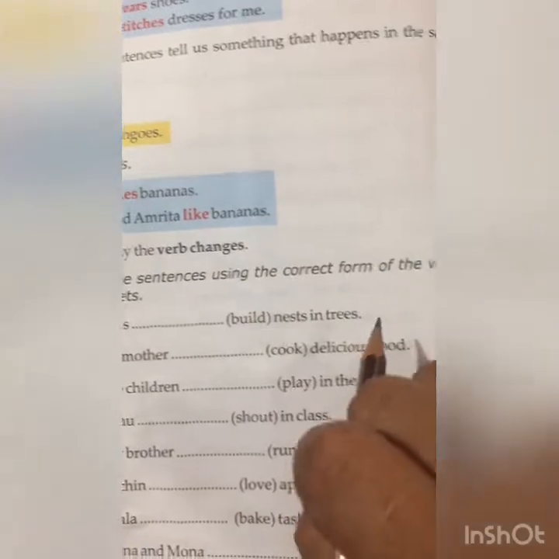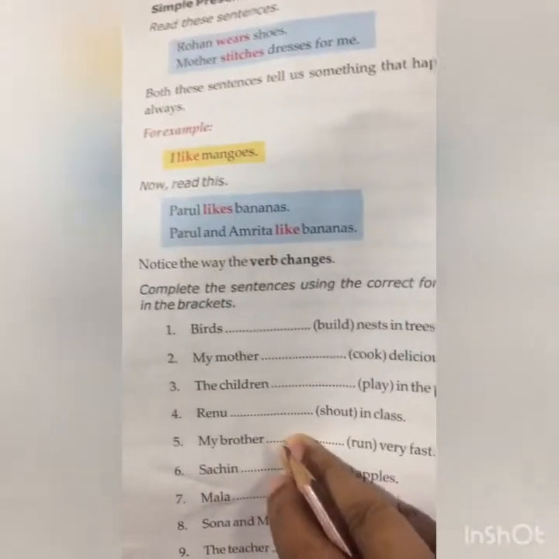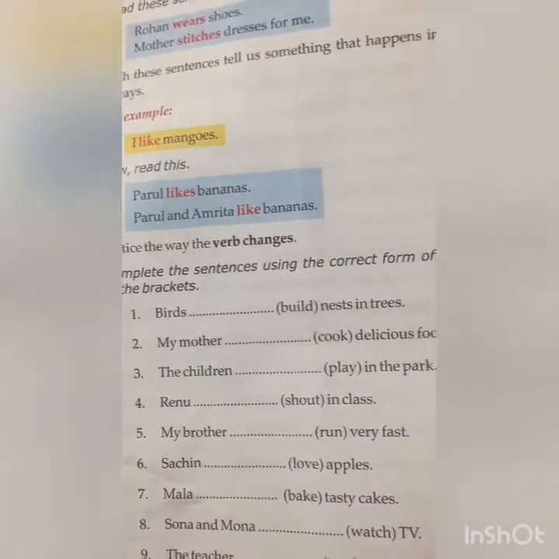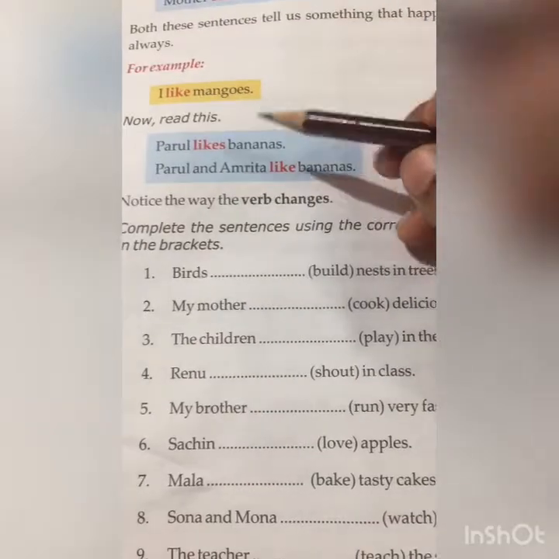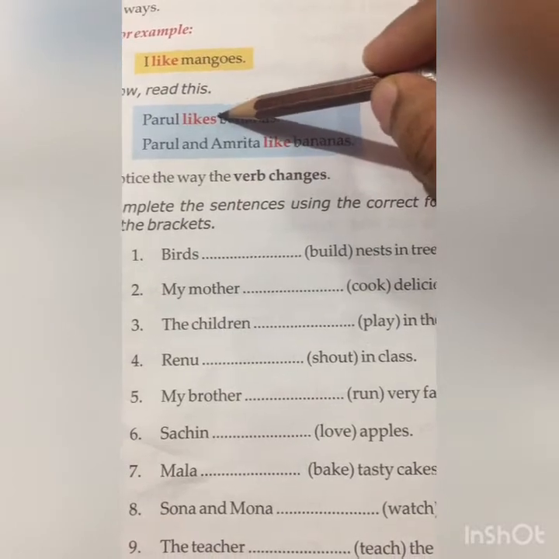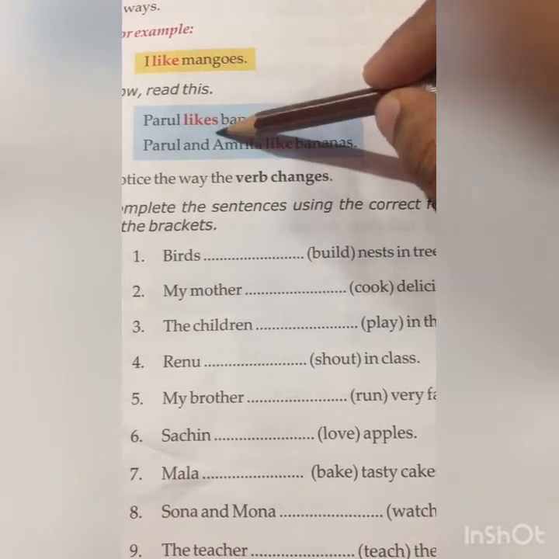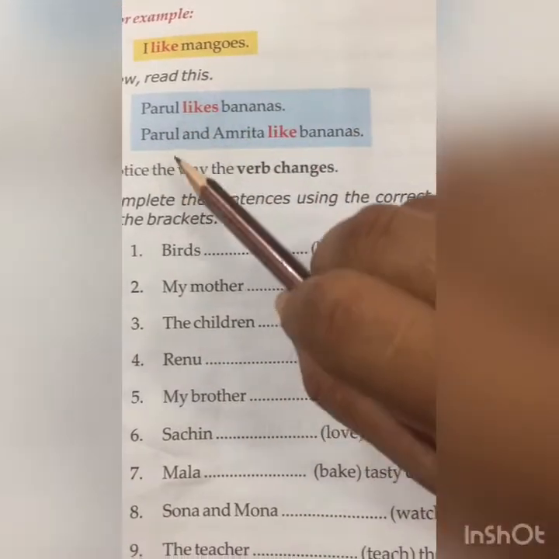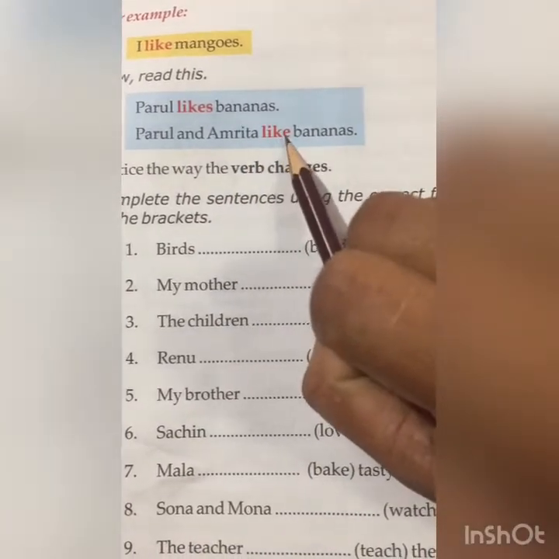Complete the sentences using the correct form of the verbs given in the brackets. I have told you, if it is singular, you have to use an S with the verb, and if it is plural, you have to write it as it is.